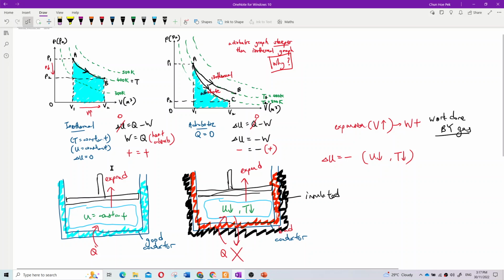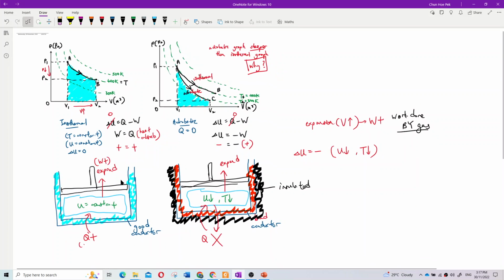Positive work done, expand. But at the same time, heat is absorbed from outside. So he just used the absorbed heat to do the work. So his own internal energy is untouched. So no change in the internal energy. So that's why it can maintain the same temperature and constant internal energy. That's the isothermal process.